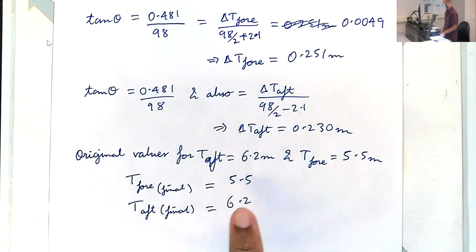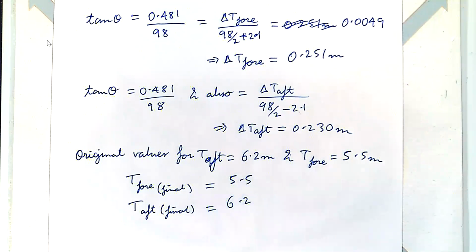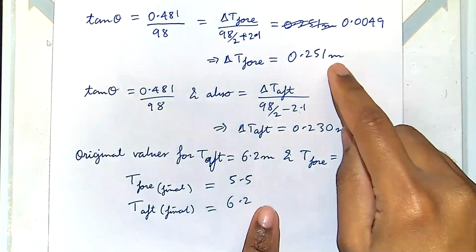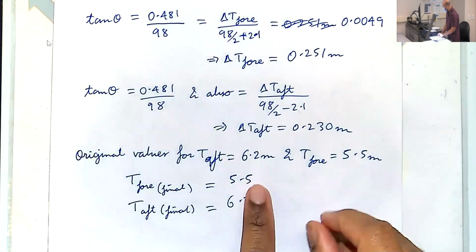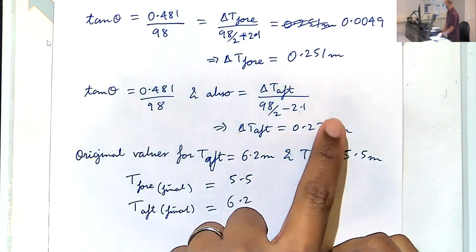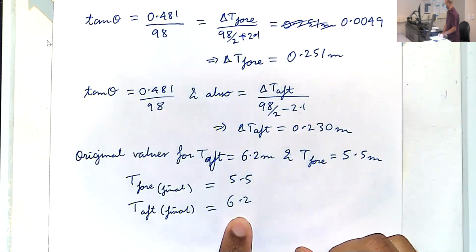That's the initial numbers. How do we get the final numbers? We take delta T forward and add it to the top, but we subtract the other one from the bottom, right?